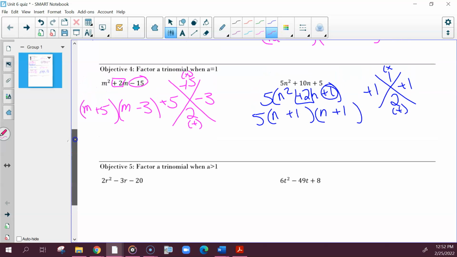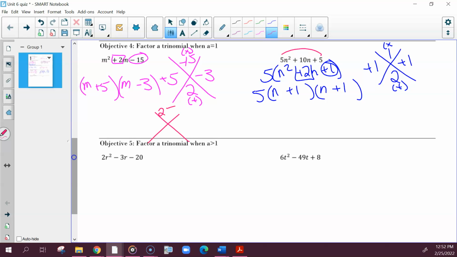This is going to go a little faster because it's also a preview as to how we would do these. If you didn't see that it had a GCF, you would be taking 5 and 5 and multiplying it together.